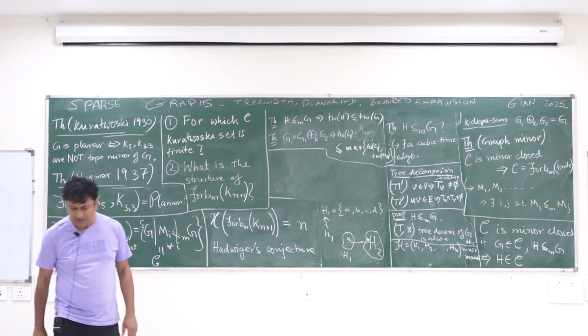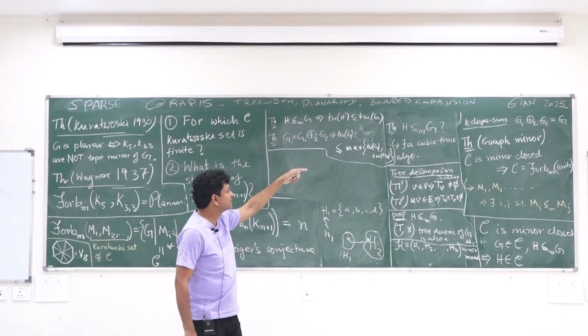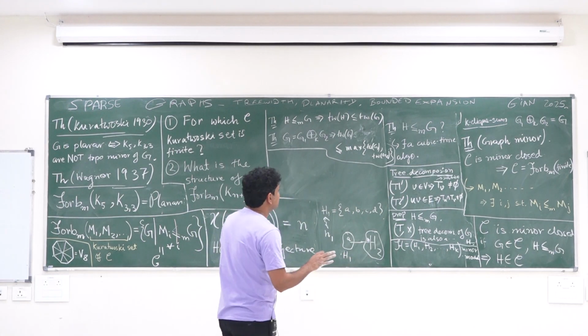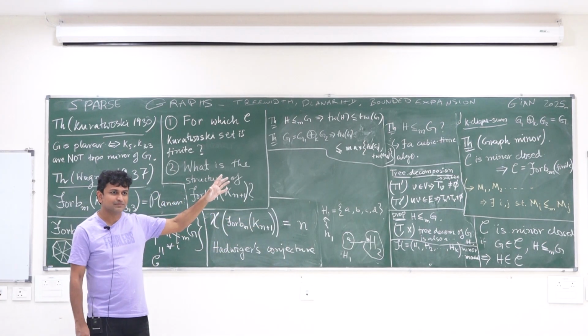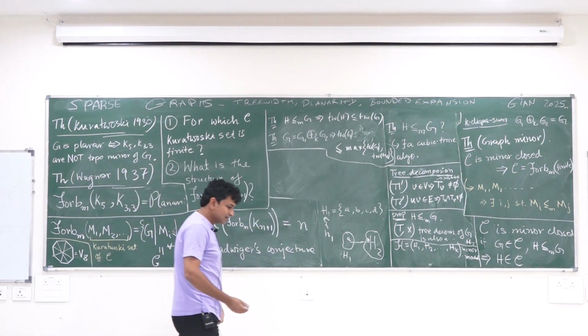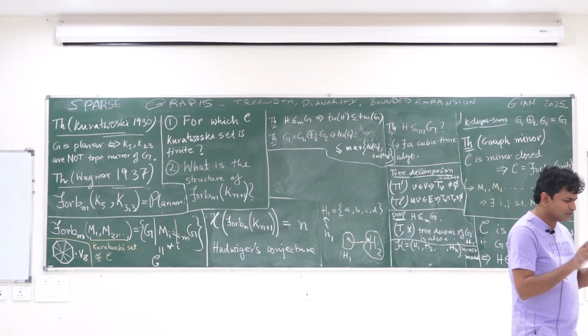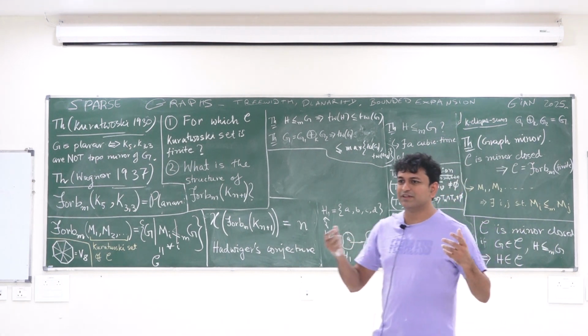But now the first theorem has a special interest, along with the graph minor theorem. So you see, if you have a minor closed class of graphs, a bounded tree width class of graphs.